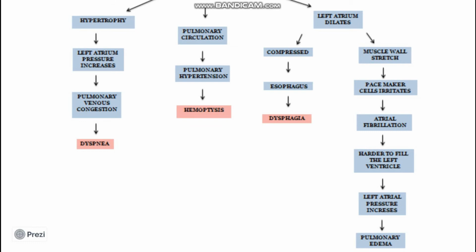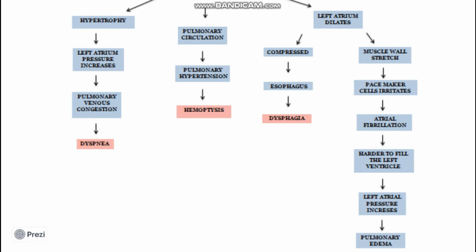As part of the atrial fibrillation, the left ventricle doesn't contract as efficiently, so left ventricular filling is also affected. This causes the left atrium to contract more, causing increased pressure in the left atrium that results in pulmonary congestion that can lead to pulmonary edema.